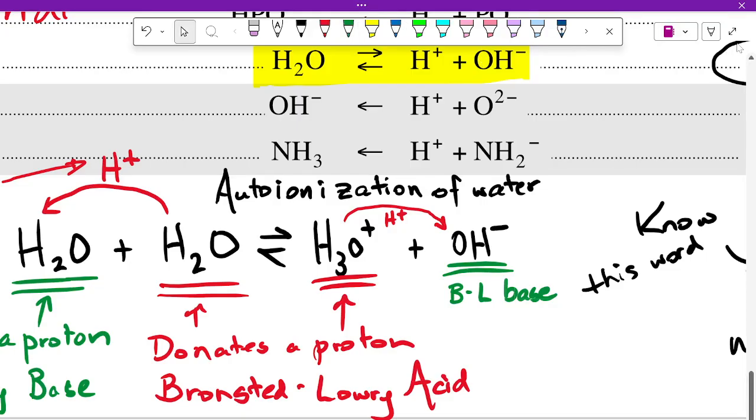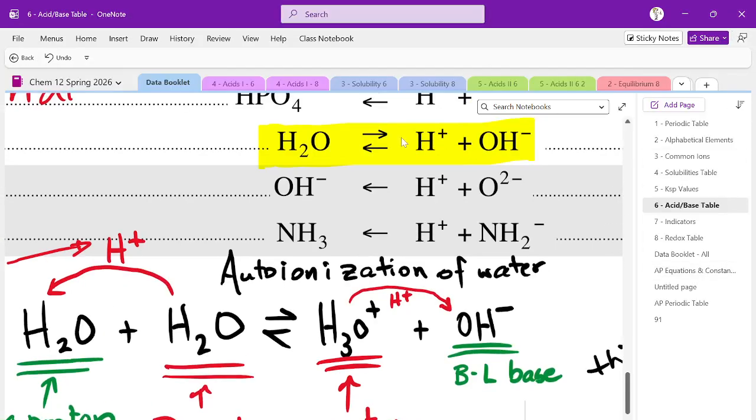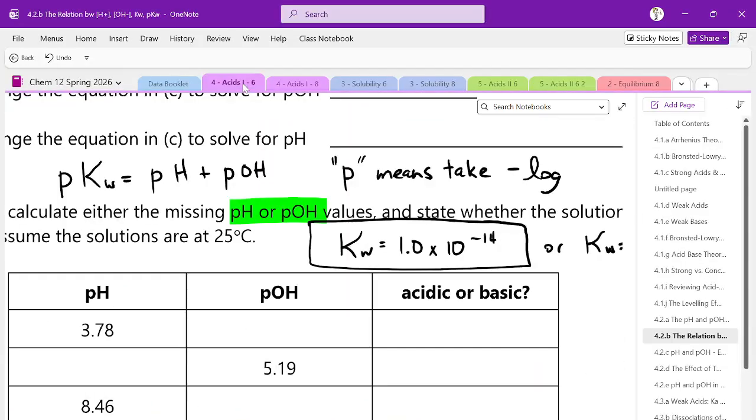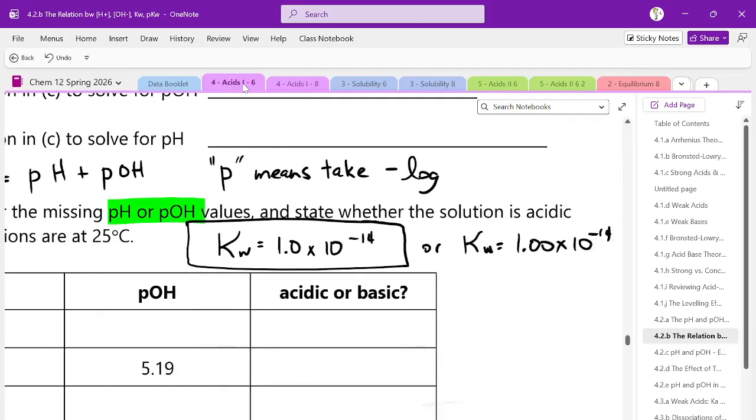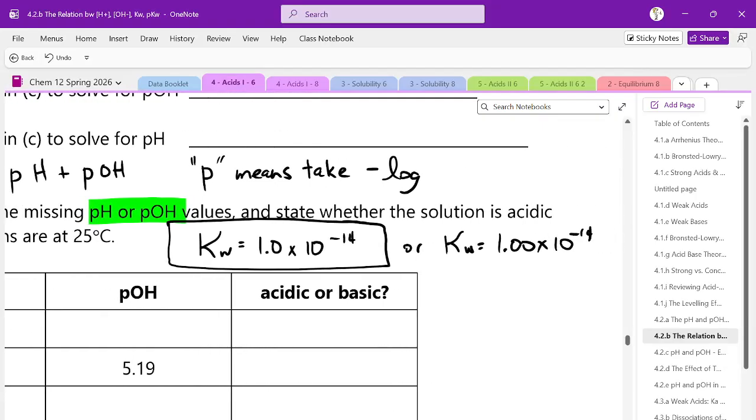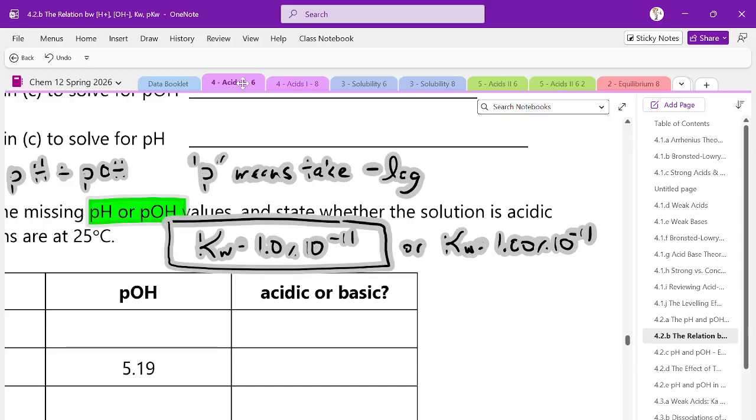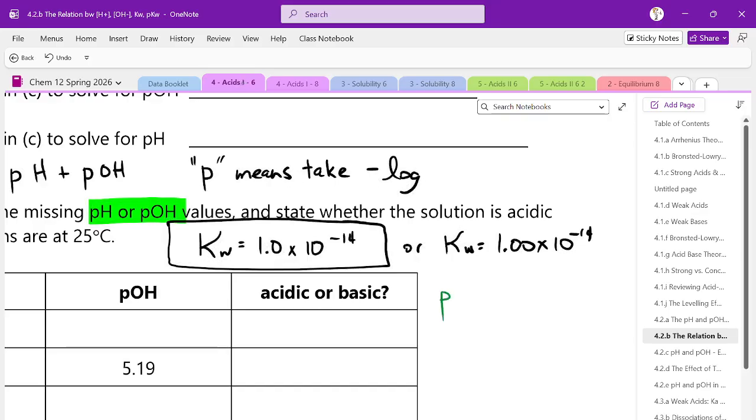Okay, so that's all about Kw, and Kw is 1.0 times 10 to the negative 14. And so now going back to our other thing here, if p means take the negative log, then pKw is equal to the negative of the log of what?